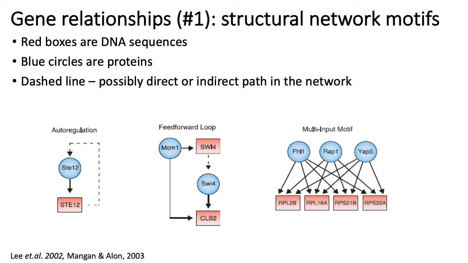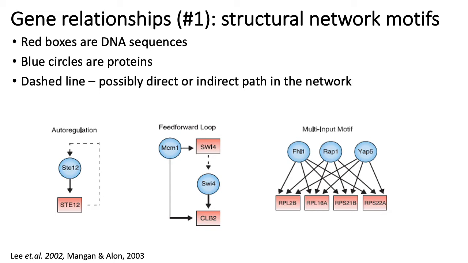And so basically MCM1 influences the expression of CLB2 both directly and indirectly through SWI4. The reasons for this will become apparent later, but basically this allows MCM1 to have a little bit more finer control over how it influences the expression of CLB2.